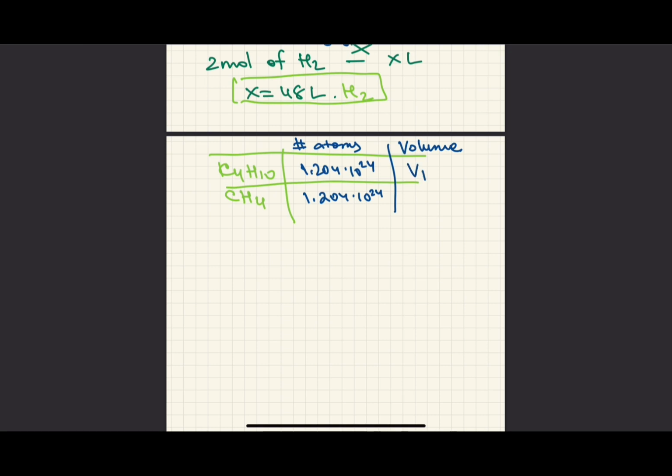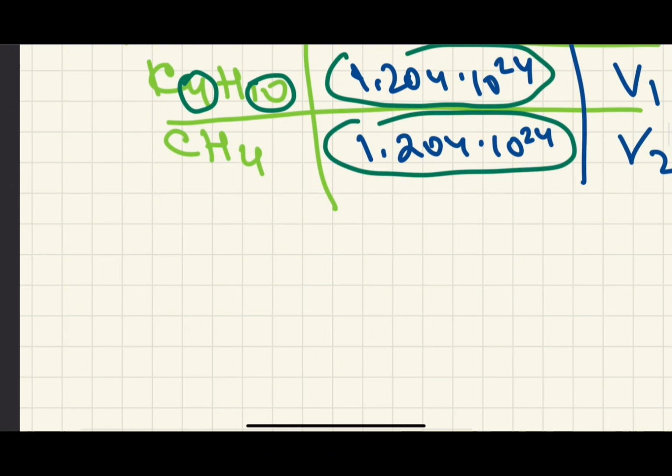And we say this is V1, this is V2. We know that because their number of atoms is the same, we need to divide it by the total number of atoms. C4H10 will be divided by 14, while CH4 is going to be divided by 5.